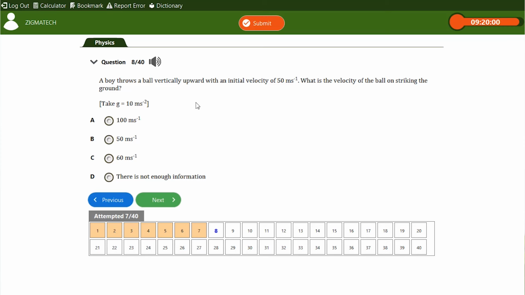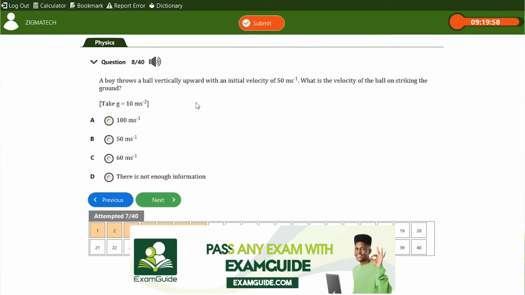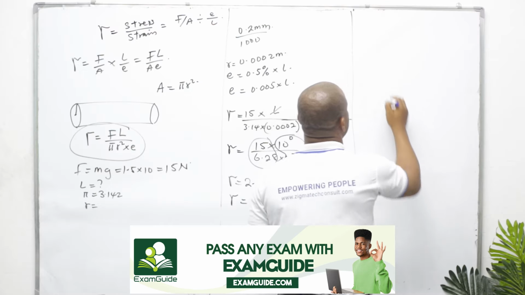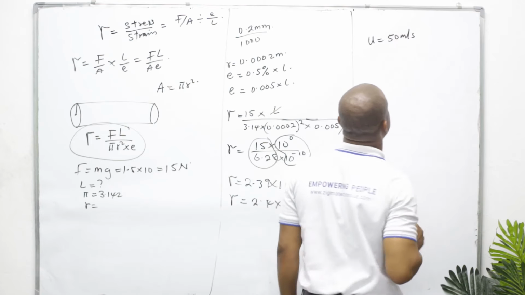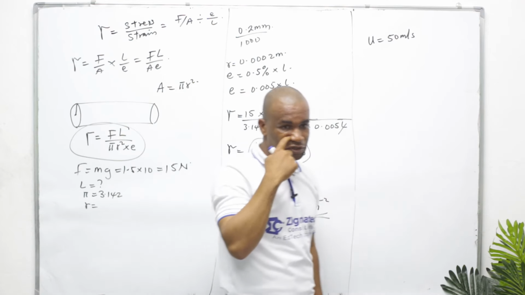Okay, so this is a question on motion under gravity. If I have u as 50 meters per second, that is the speed with which the body was thrown up.